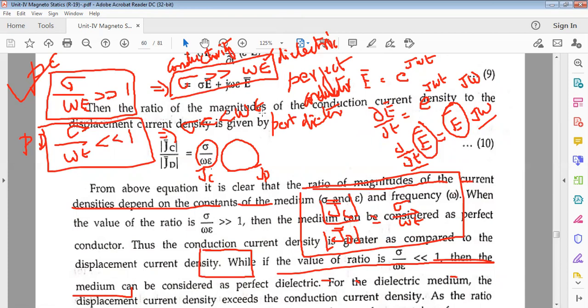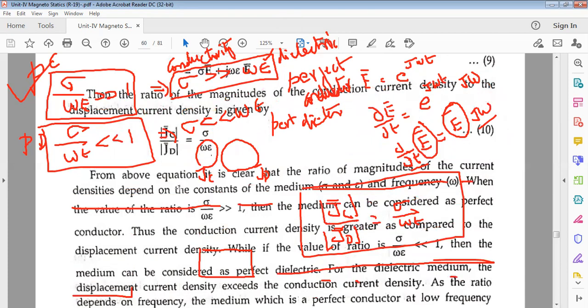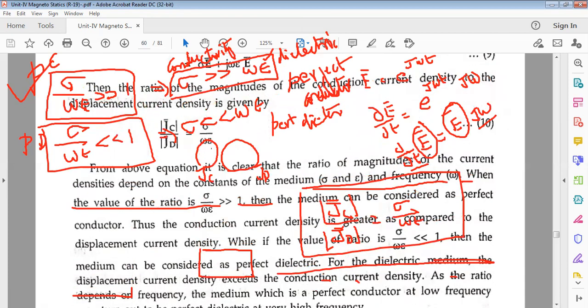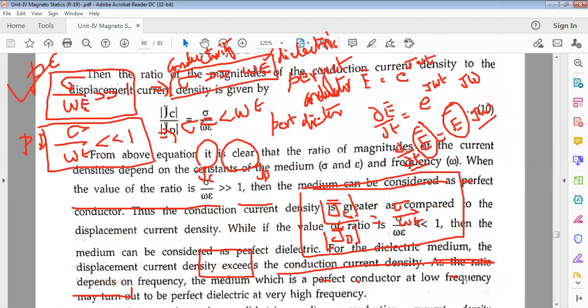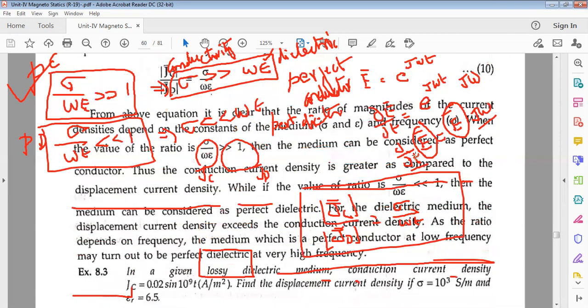The ratio depends on the frequency: a medium which is a perfect conductor at low frequency may turn out to be a perfect dielectric at very high frequency. Very good, my students.